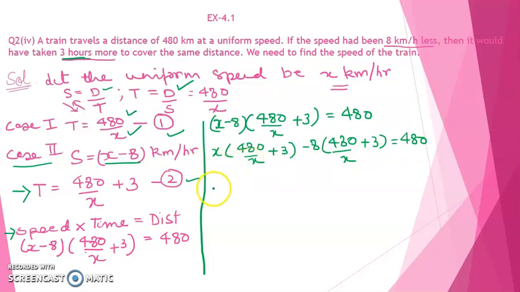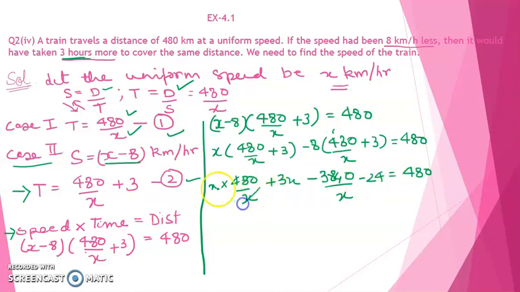If you multiply this, x into 480 upon x is 480, plus 3x, minus 8 times 480 upon x, 8 zeros are 0, 8 eights are 64, 4 carry plus 6, 8 fours are 32 and 6 is 38. So minus 3840 upon x, minus 8 times 3 is 24, is equal to 480.